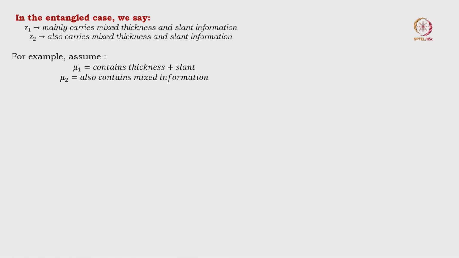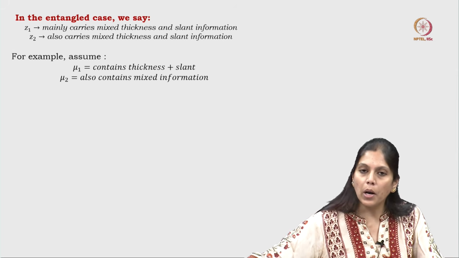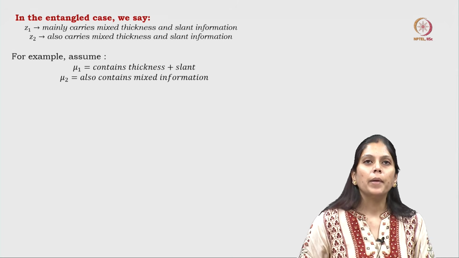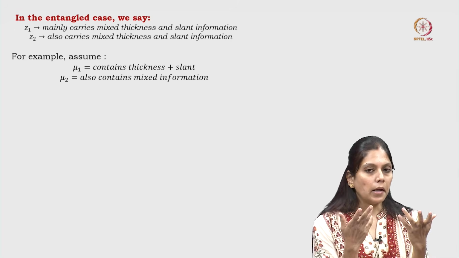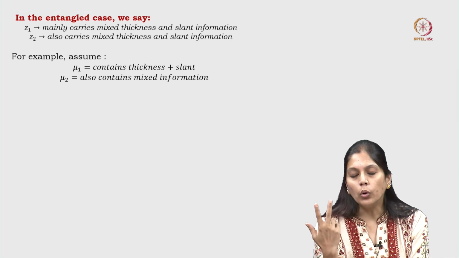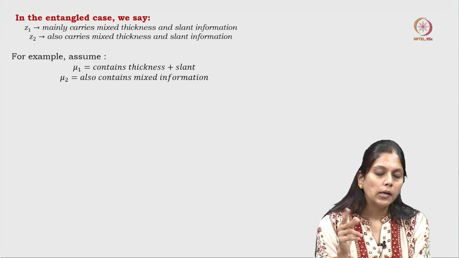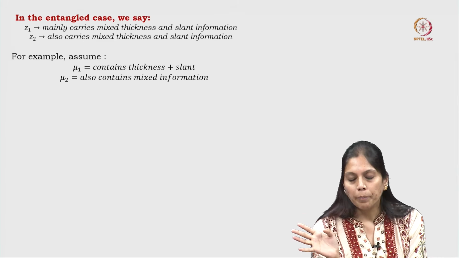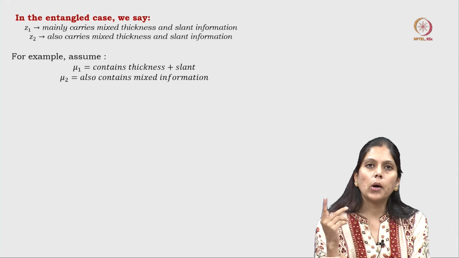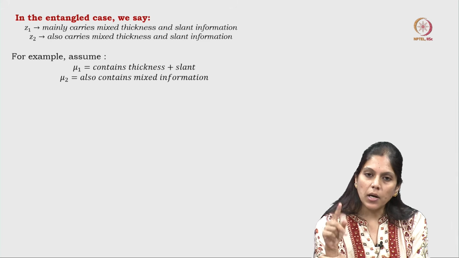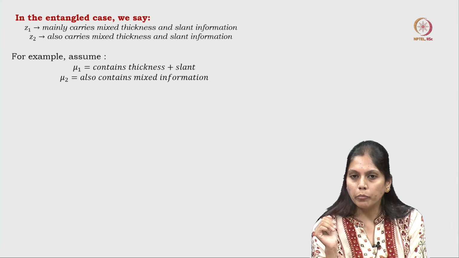Let us take one more example, where it is an entangled space. Now, what do you mean by entangled? Entangled means, since the latent representation size is 2, Z1 and Z2. Z1 should be a combination of both, Z2 should be a combination of both. If Z1 is a combination of both, then mean 1 also should be a combination of both.